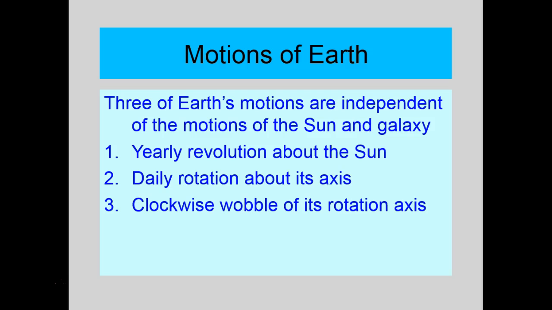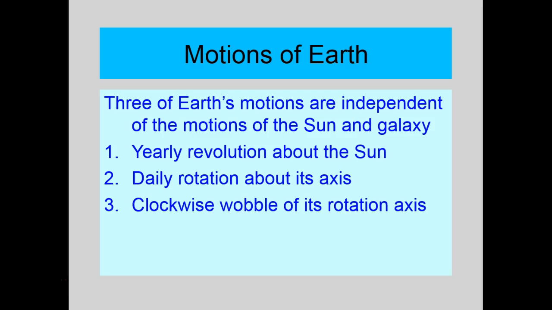Now let's look at motions. This is 16.2, relative motions of the Earth. 3 of these Earth motions are completely independent of the motions of the sun and the galaxy. They have nothing to do with the movement of the sun or the movement over the galaxy. Okay? This is just the motion of the Earth.